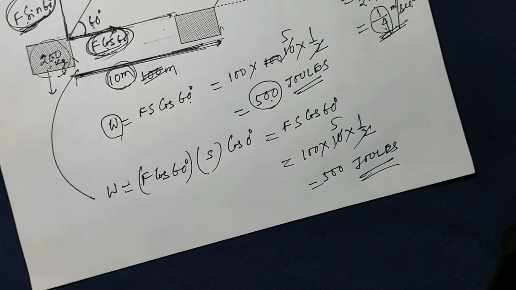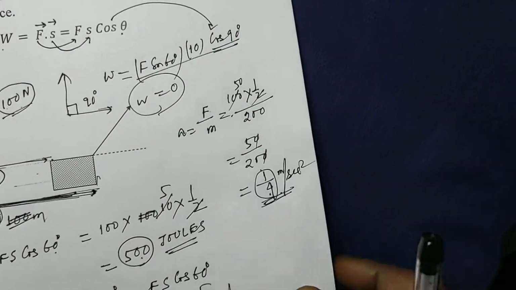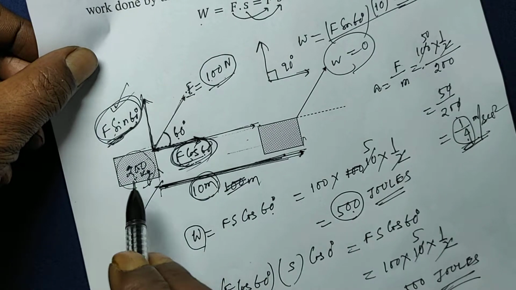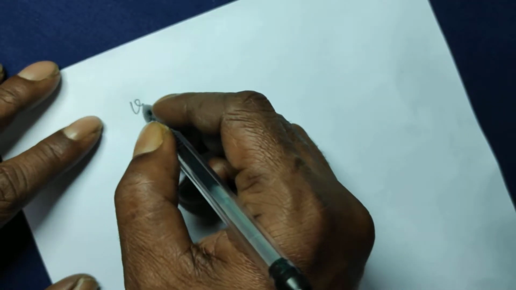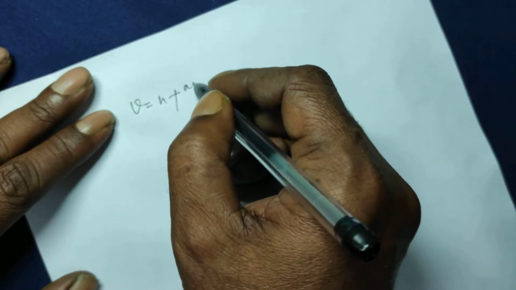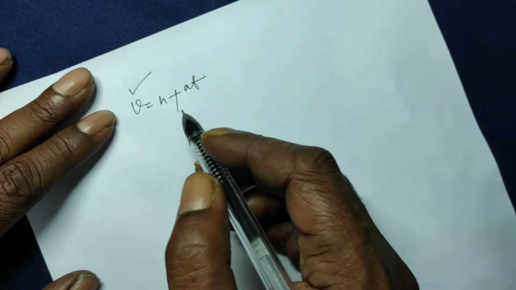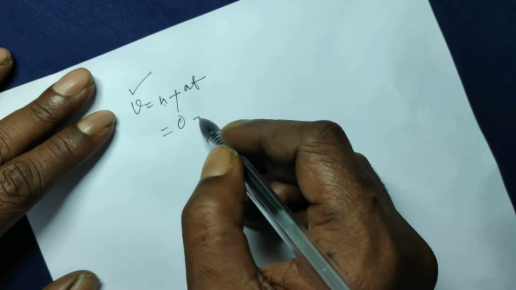How can you do so? Since acceleration is 1/4, you can use this. If the body had started from rest, you can use v is equal to u plus at to find its velocity. It started from rest.